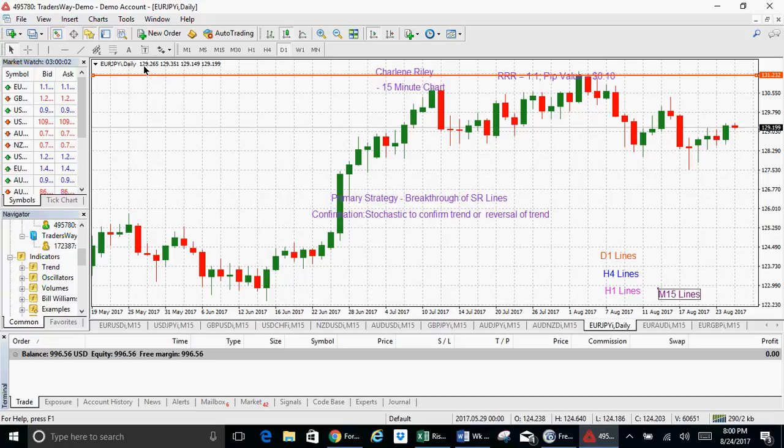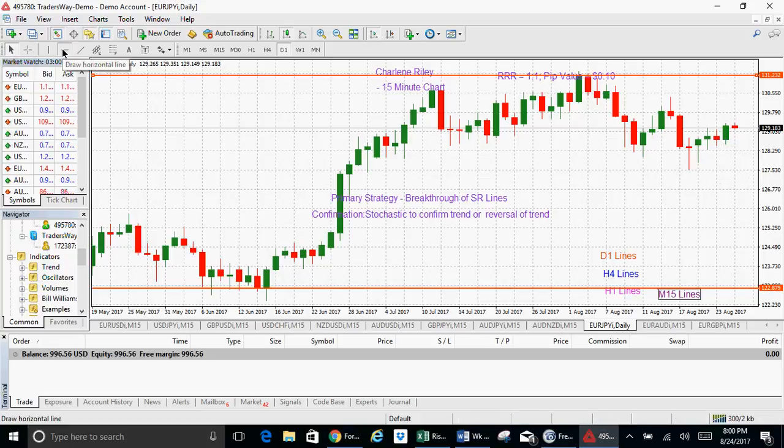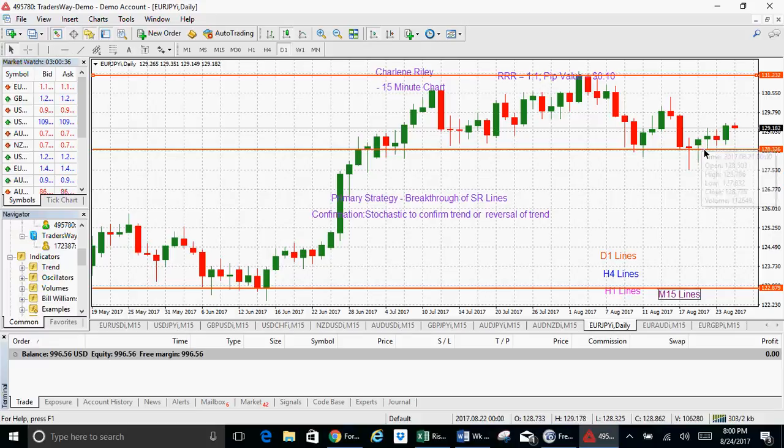So I plot the high, plotting the low, and now plot where the market has been for the range for the last week or so. 1, 2, 3, 4, 5, 6, 7.